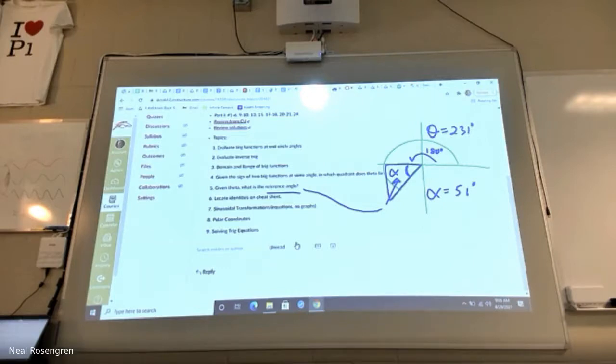There's all these rules and stuff depending which quadrant you're in. Just draw the picture, see if you can figure out what angle the x-axis and that terminal side make. And it's only second, third, and fourth quadrant, because if you're in the first quadrant, your theta is your alpha. It is your reference angle, so we don't have to worry about that.